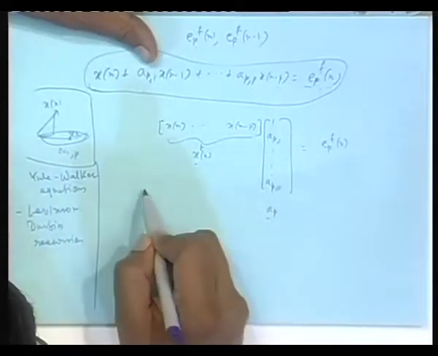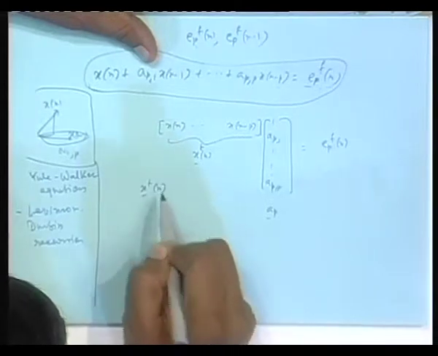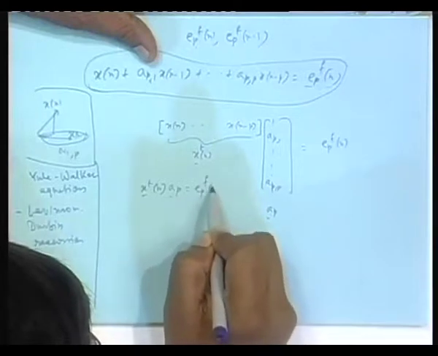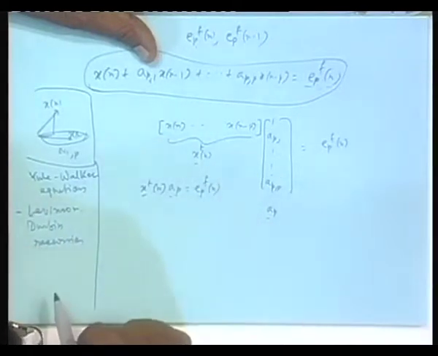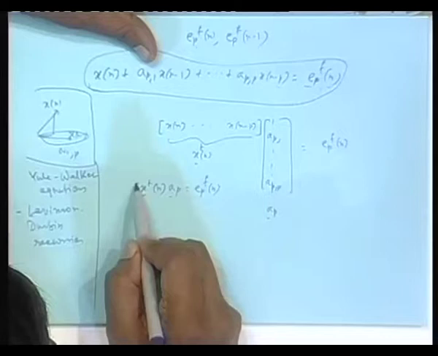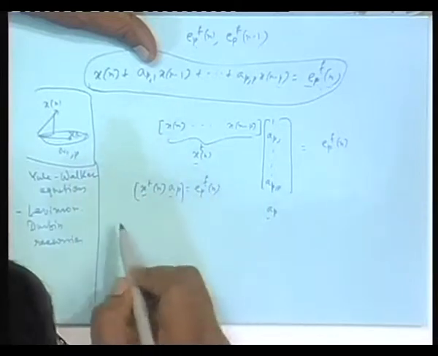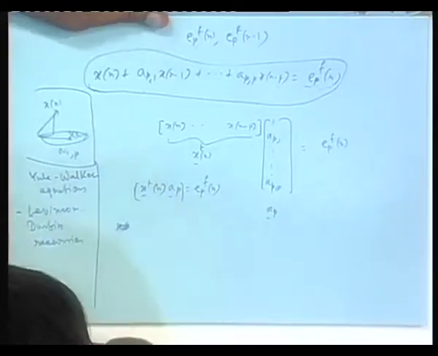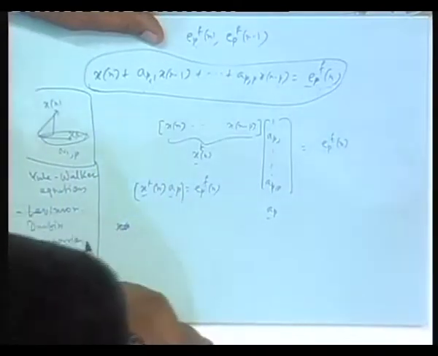So this equation is Xn transpose Ap equals EPFN, right? I multiply this left hand side by a vector. How to name that vector?